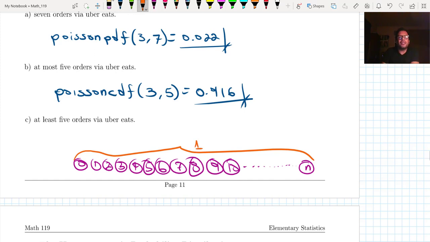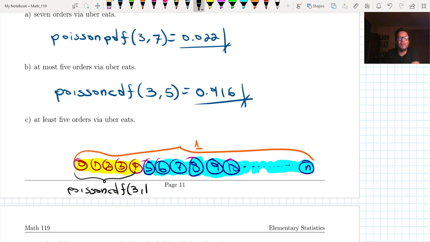But when we want to know at least 5, that is 5 or 6 or 7 or 8 or 9 or 10, and so on, or n, okay? We want to know that, we want to subtract this little chunk, all the cumulative from 0 to 4. So Poisson CDF of 3, 4.